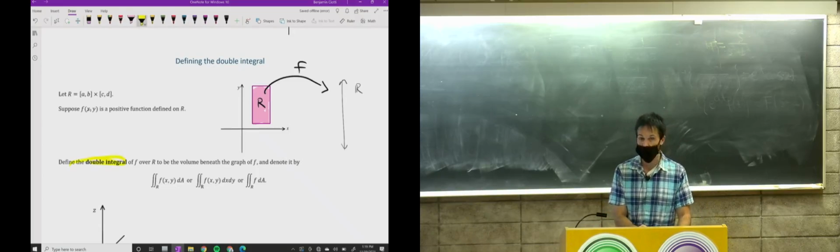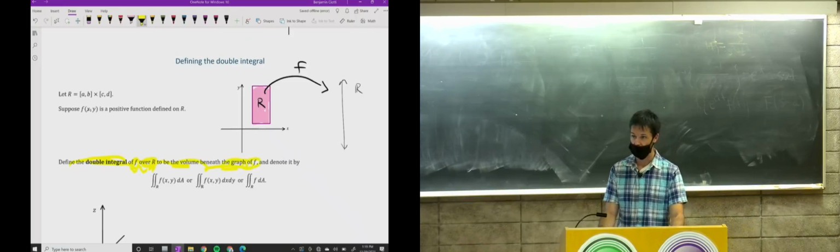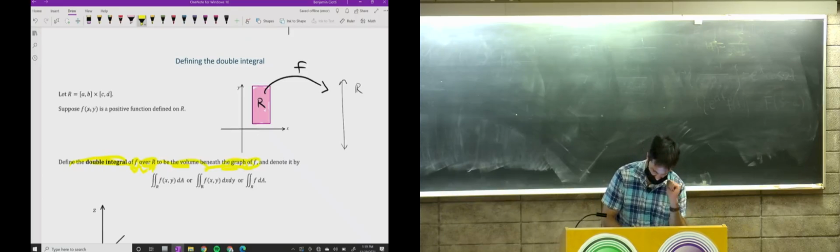Define the double integral of the function f over the rectangle R to be the volume beneath the graph of f, and denote it by this double integral symbol, which is literally two integral symbols, a subscript indicating the rectangle that we are integrating over, followed by f of x, y, which is your integrand.